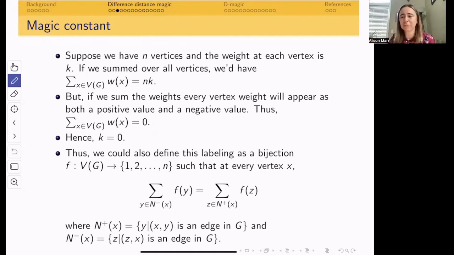That doesn't mean that those sums are the same at every vertex. It could be that one vertex has 7 coming in and 7 going out, and another vertex has 6 coming in and 6 going out, but at each vertex, the amount coming in and the amount going out is the same. So that's our definition that we're going to work through in this first section, and look at some of the initial results we have in this area.